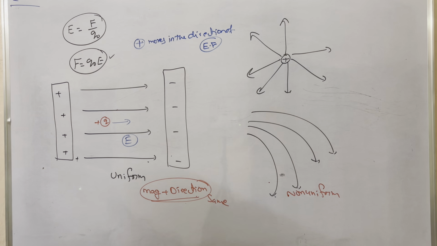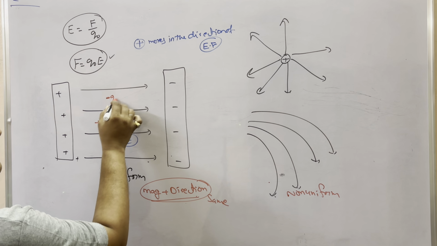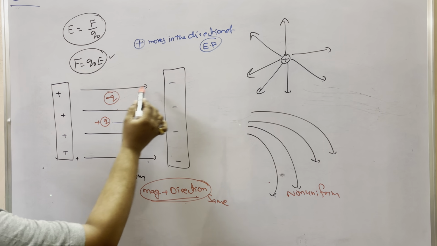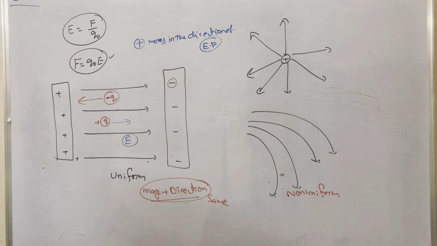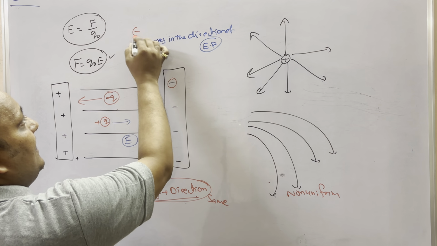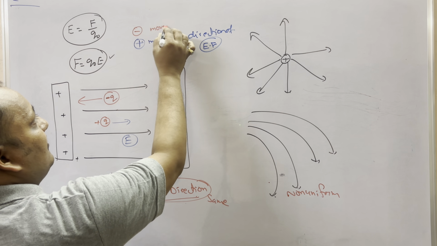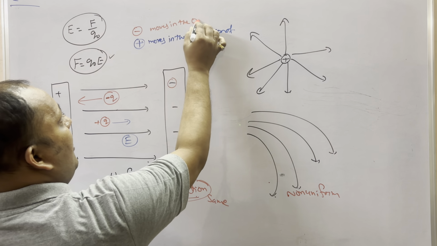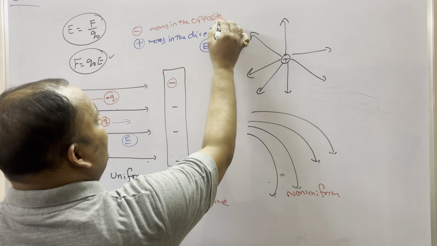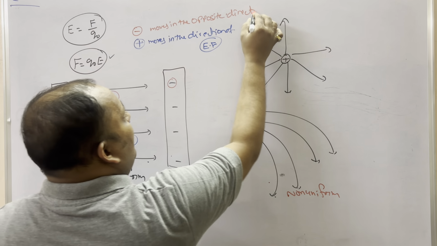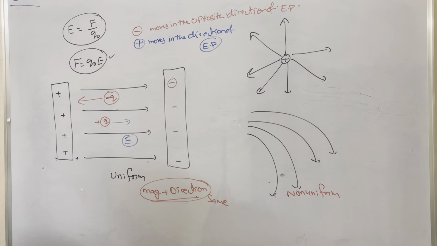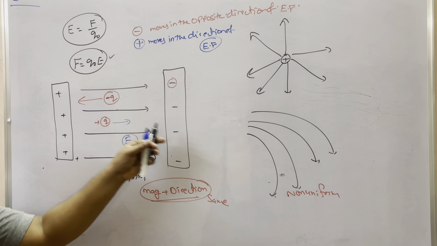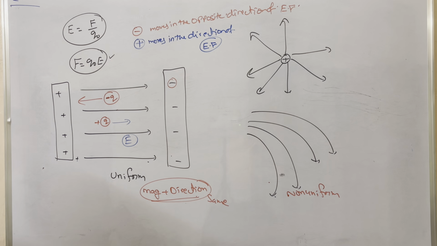If you place a negative charge, it is repelled by negative and attracted by positive. So negative charge moves in the opposite direction of electric field.